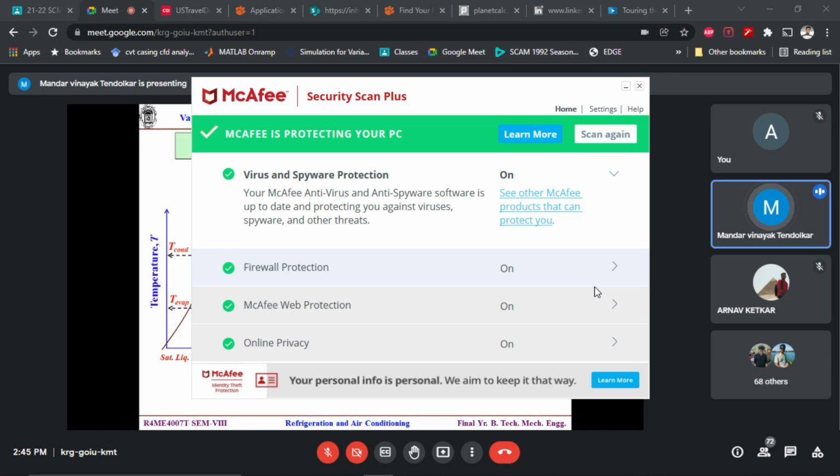So naturally this area. Correct? Yes, sir. Fine. So my refrigeration effect is reduced. Correct? This much is the loss. So that is reduced. So naturally my COP has to reduce.